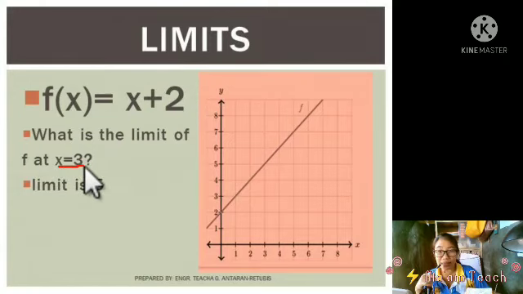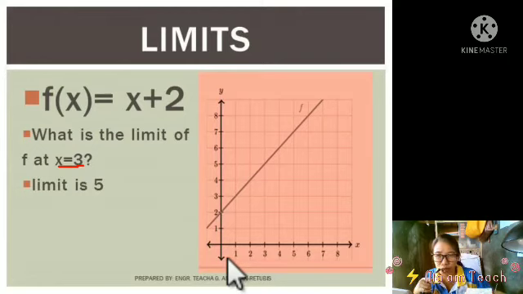Now, the question: what is the value of y if your x is approaching 3? Now, look at the figure. Since we are given the graph already, it is easy for us to determine the behavior of your function f as you approach 3.